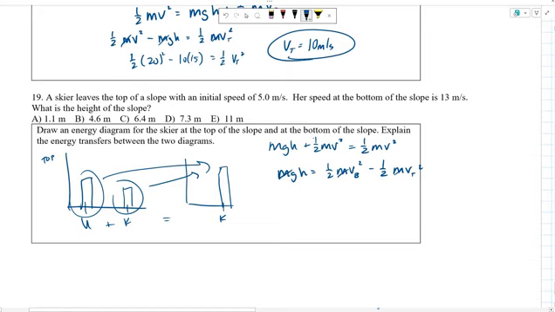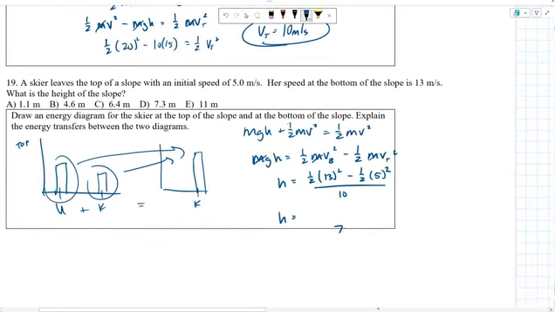The m's cross out, and so that height is going to be 1/2 the speed at the bottom, 13 squared, minus 1/2 the speed at the top, 5 squared, divided by g of 10, and so that height comes out to be 7.2 meters, and again there's a 9.8 versus 10 difference, and it ends up being 7.3 meters.